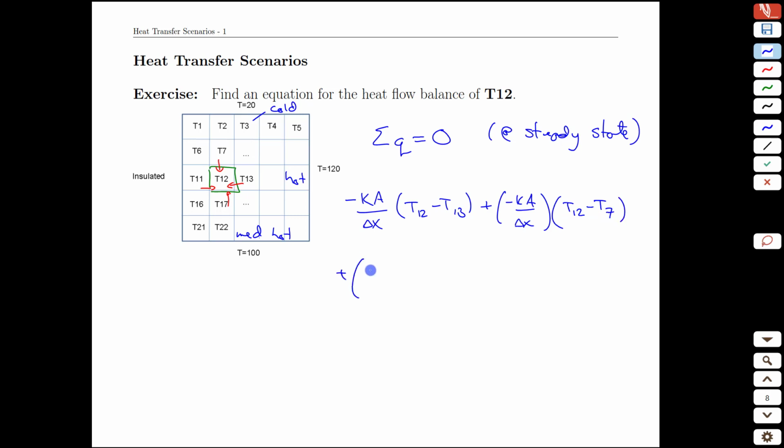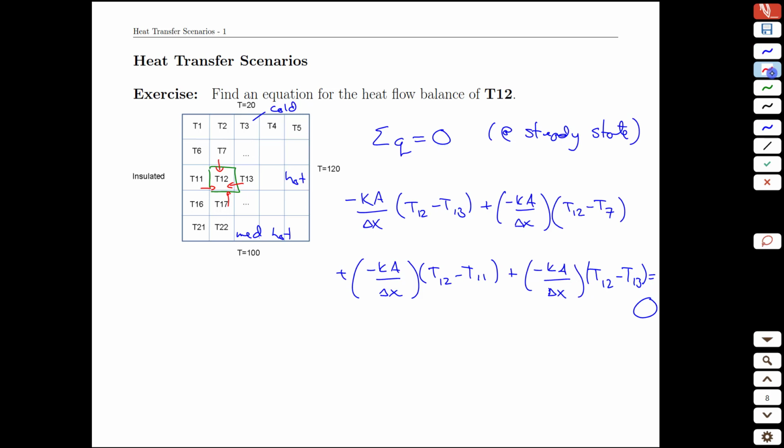Same thing, T12 minus T11. Start to see a pattern here. And then the negative K A over delta X, T12, and what's missing is T13, T12 minus T13. All of that sums to 0 at the steady state.